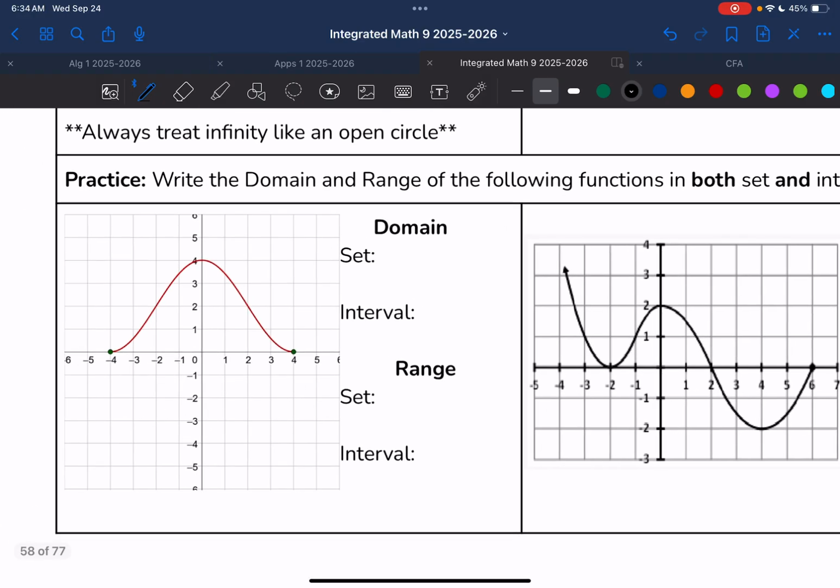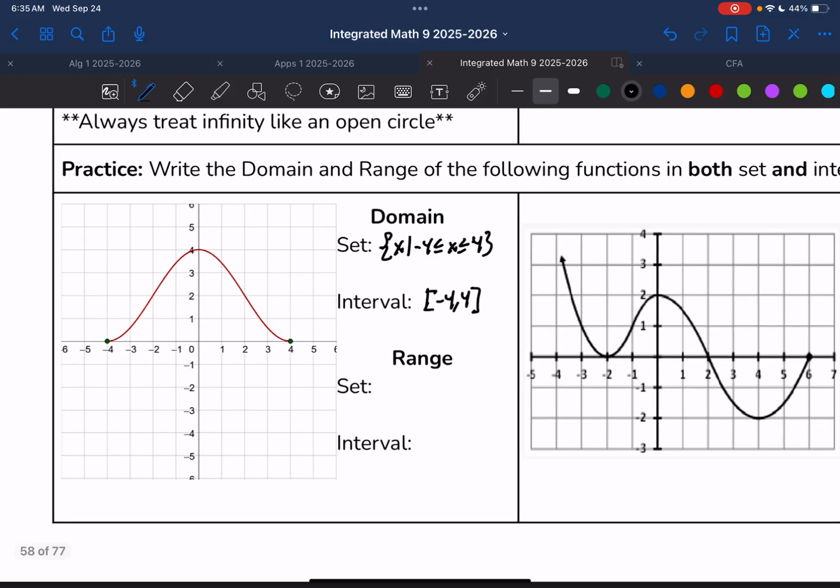So for the set notation for this function, we can see that it goes from -4 up to 4. Sorry, I'm mixing it up. The set notation is all values x, where -4 is less than or equal to x is less than or equal to 4. In interval notation, that's from [-4, 4].